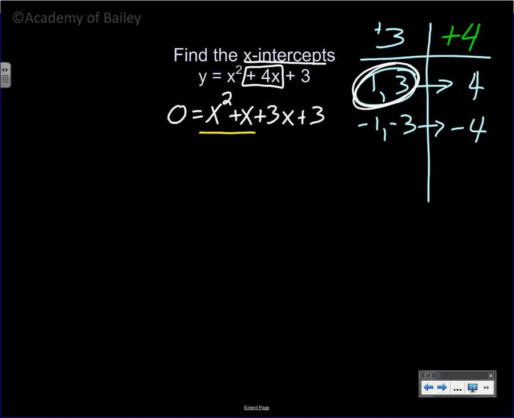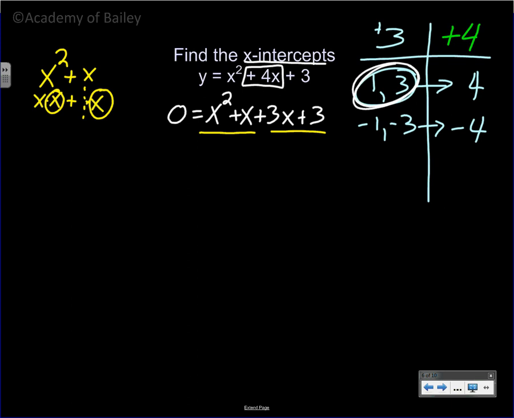Next step, break this up. So we have x squared plus x. We know that this is x times x, and this is the invisible 1 times x. And so, what do they have in common? They have that x in common.